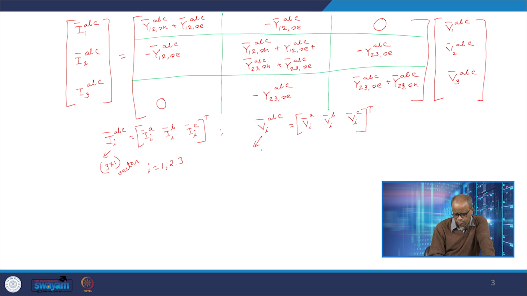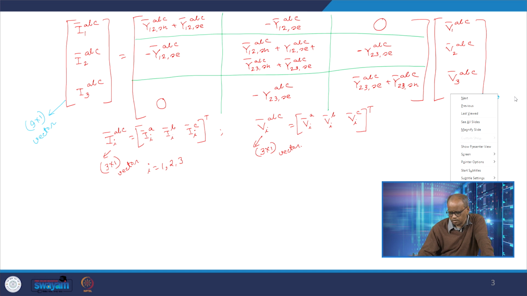So, this is also a 3 cross 1 vector. So, that means this is basically a 9 cross 1 vector, and this is also a 9 cross 1 vector.